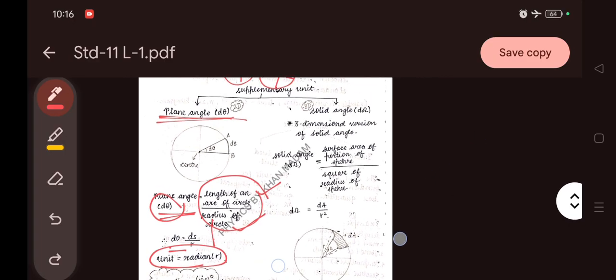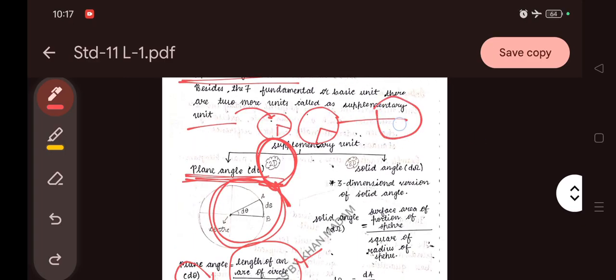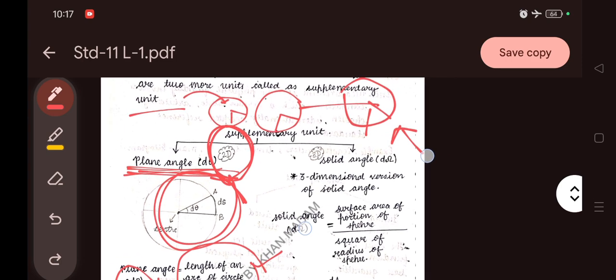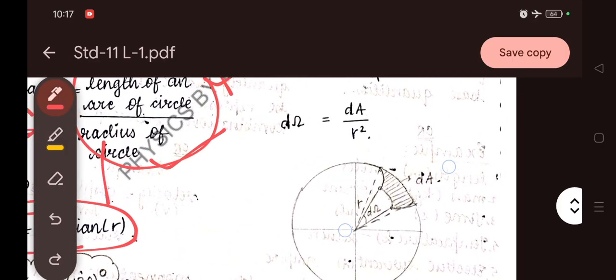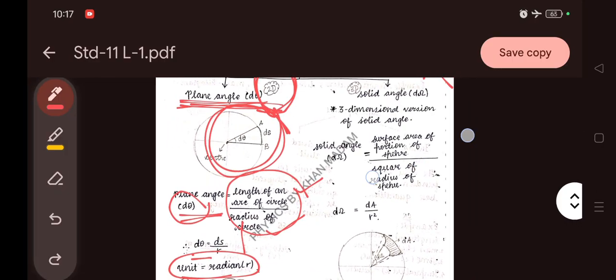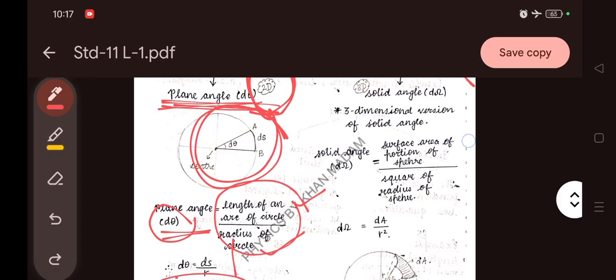Okay, you are cutting it, but you are observing it parallel to the cutting line. Now you will see there is a cone shape structure, right? So solid angle is nothing but the ratio of the surface area of a portion of a sphere to the square of the radius of the sphere.